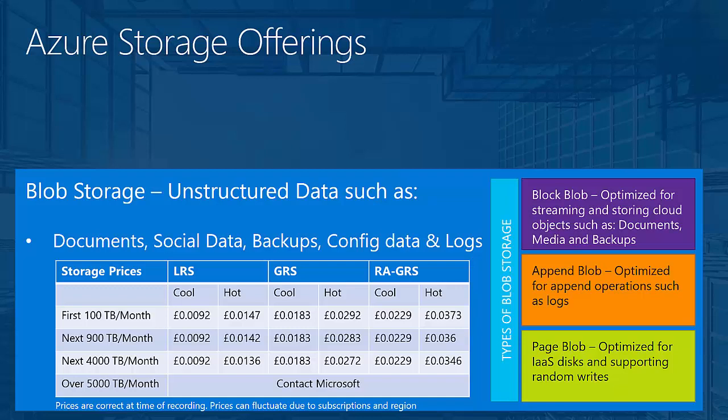This particular storage service in Azure offers 3 types of blobs: block blobs, append blobs, and page blobs, which are specified during creation. Block blobs are optimized for streaming and storing cloud objects such as documents, media, and backups. Page blobs are optimized for infrastructure as a service disks, supporting random writes, and append blobs are optimized for append operations such as log files.